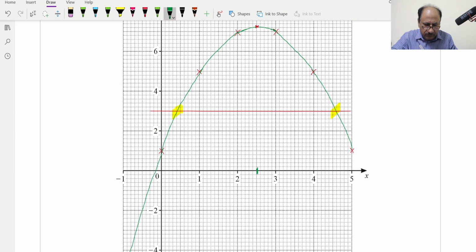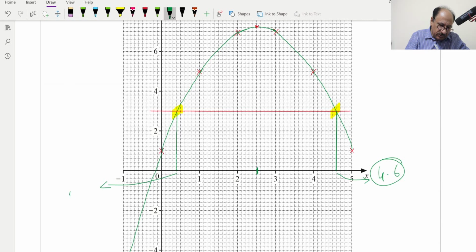This reference will be like this point of reference, and from this side also we can check this reference point, and 4.6 will be on this side. 4.6, we can check this point is 4.6, and from here this will be 0.6.